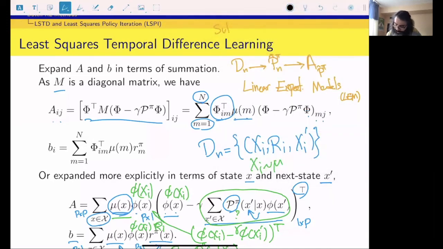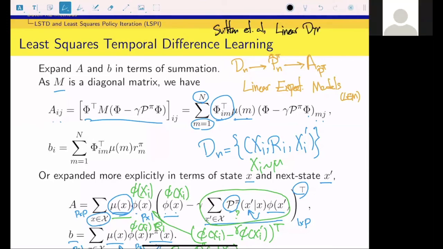I can't remember the order of authors. Is it Dyna-style planning with linear function approximation and prioritized sweeping? Yes. I think it's 2008 or 9, around that time.